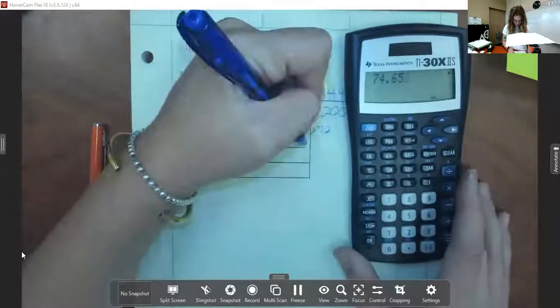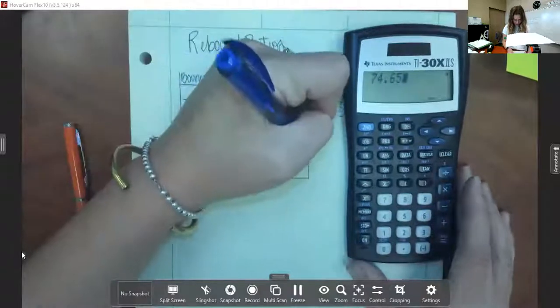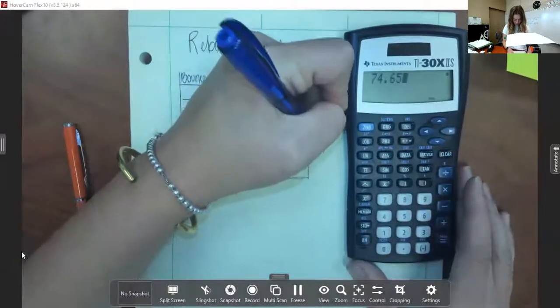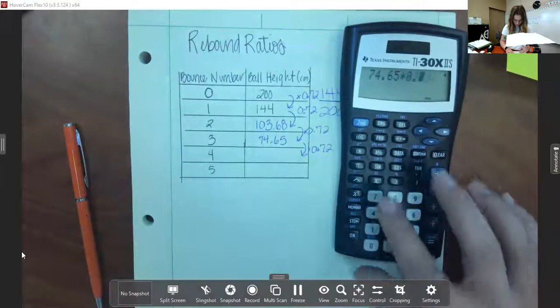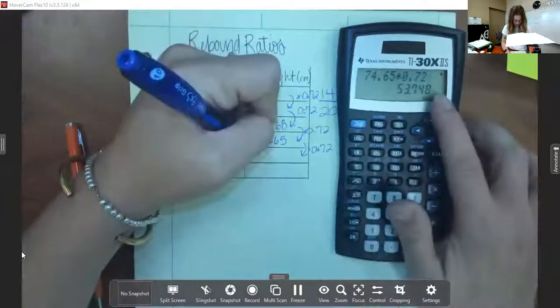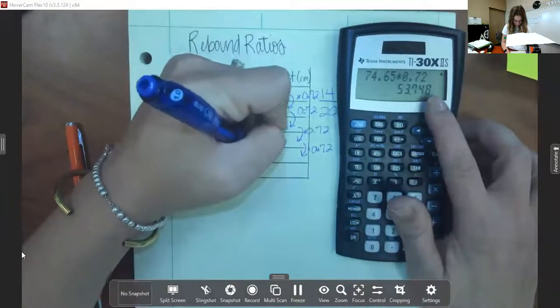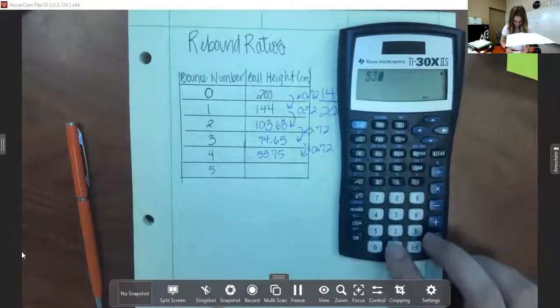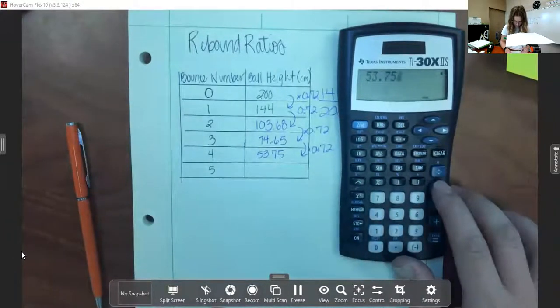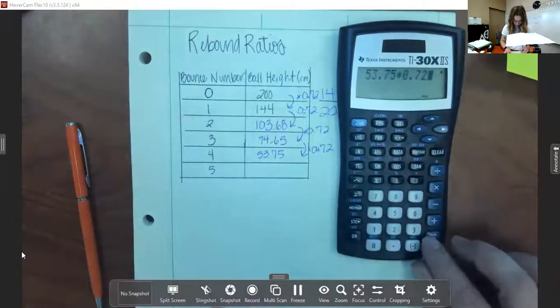All right, and we're going to again multiply it by 0.72. And we're going to round again. 53.75, and that again gets multiplied by 0.72.